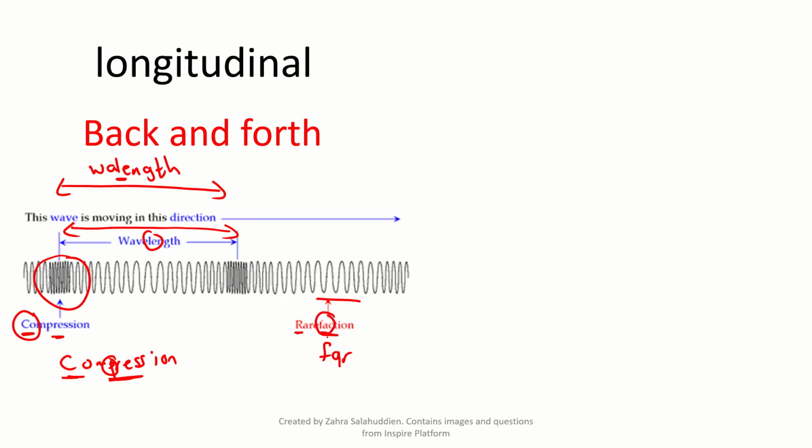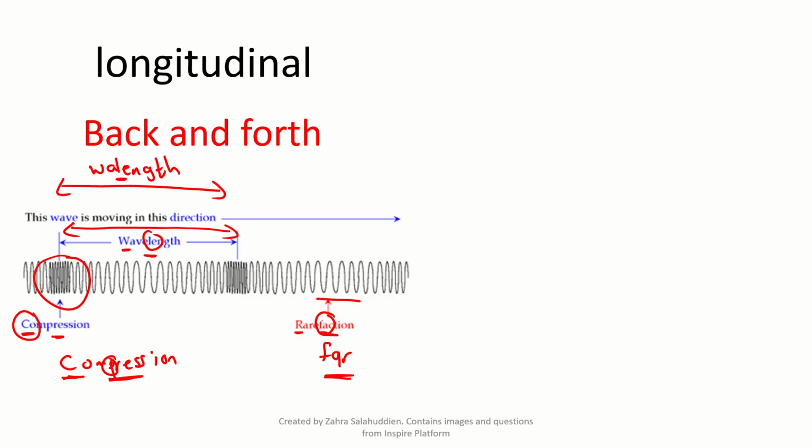You will see far in the middle of the word. Far, where the wave is far from each other. This spelling will probably be provided to you in the exam paper, so just be able to identify the look of the word and how it's pronounced. Rarefaction is far. Compression is close. Wavelength is the length of the wave, how long my wave is.